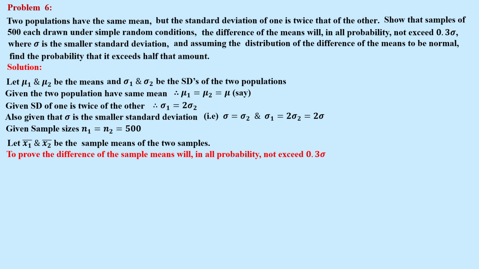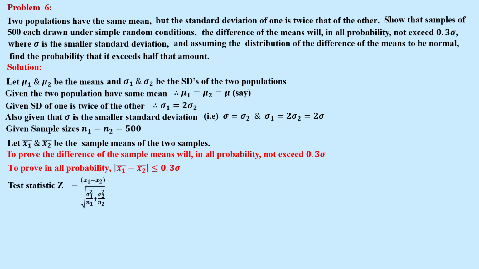To prove the difference of the sample means will in all probability not exceed 0.3 sigma, that is, mod of x1 bar minus x2 bar is less than or equal to 0.3 sigma.